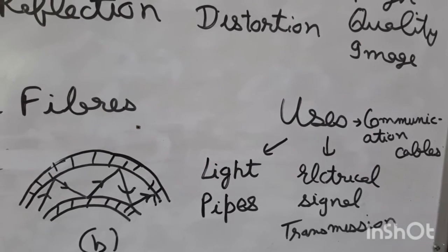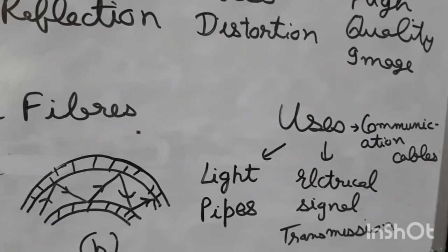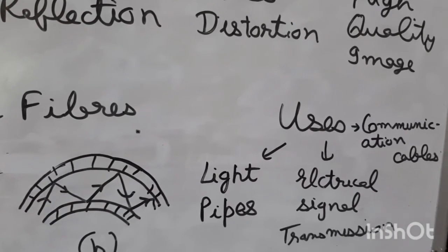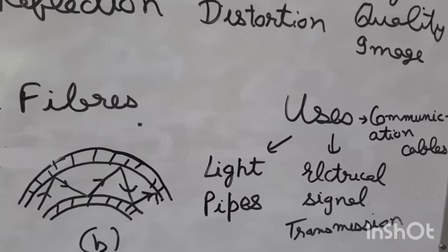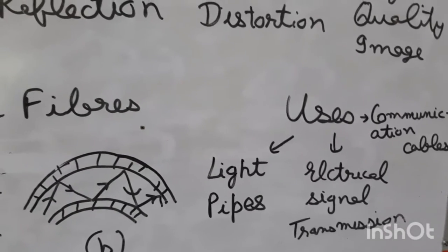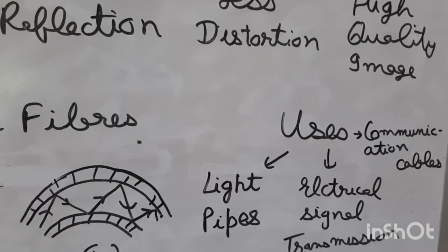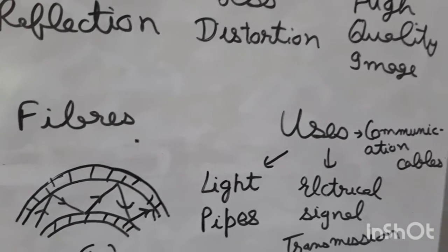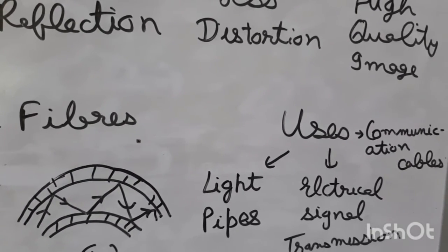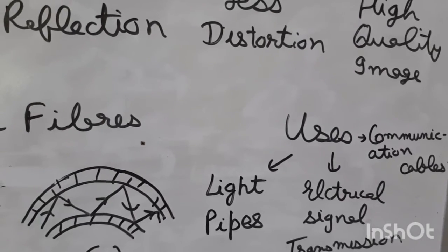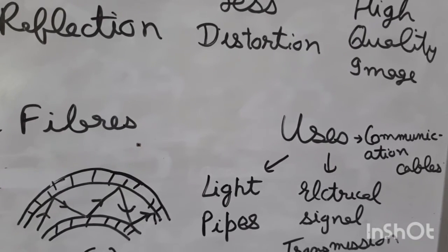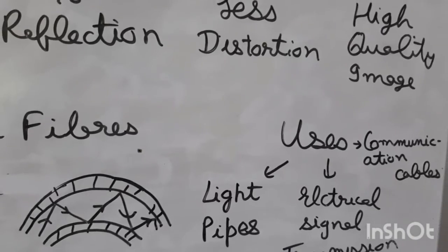At the other end, the light signals will again be converted by a suitable device into electrical signals. The last application of optical fiber is that they are used in communication cables. Means the transmitting cables which transmit from one point to another, they are used in telephone and other transmitting cables.